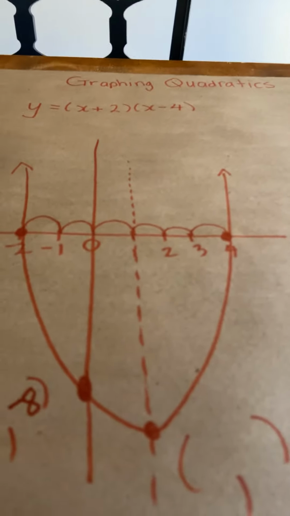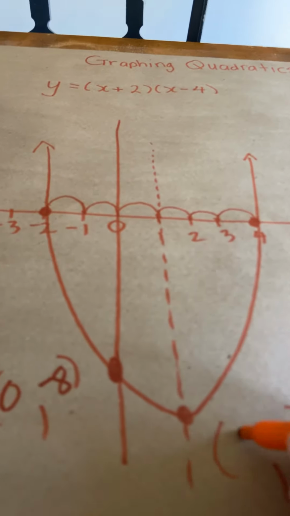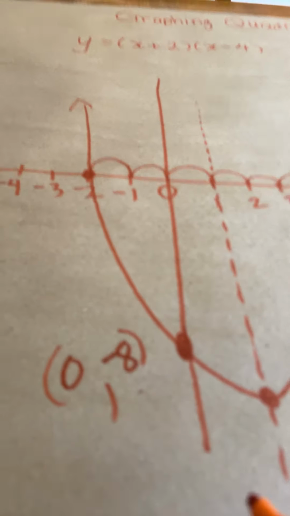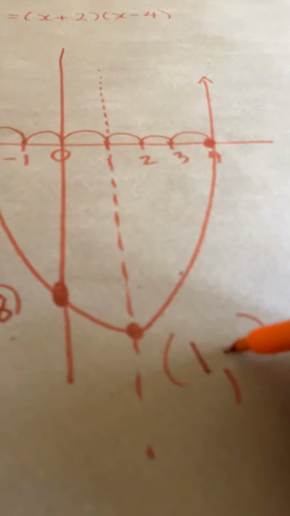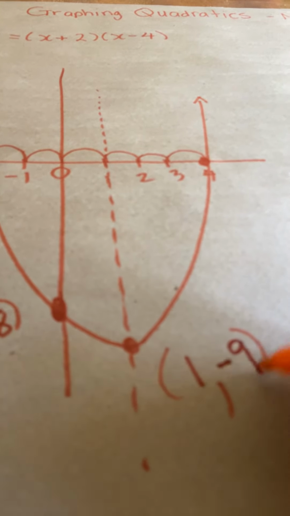I can see using my computer that here is my y-intercept, and it's (0, -8). And then my vertex has to be, the x number has to be 1, and it has to be something lower than -8. Let's see. -9.